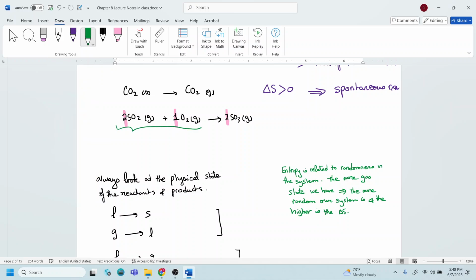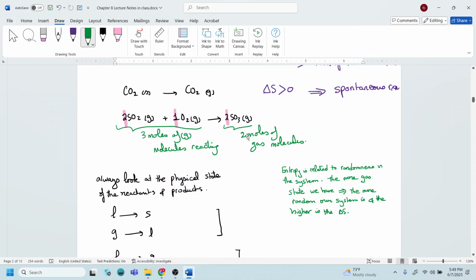I have 3 moles of gas molecules reacting, and I am forming 2 moles of gas molecules.